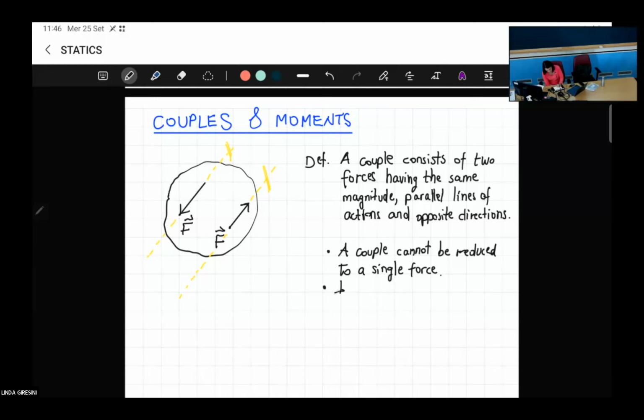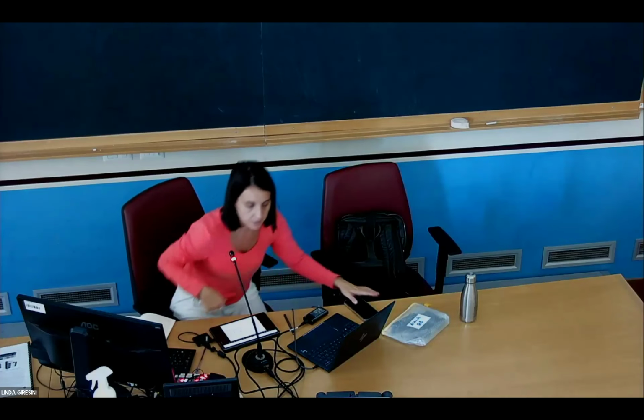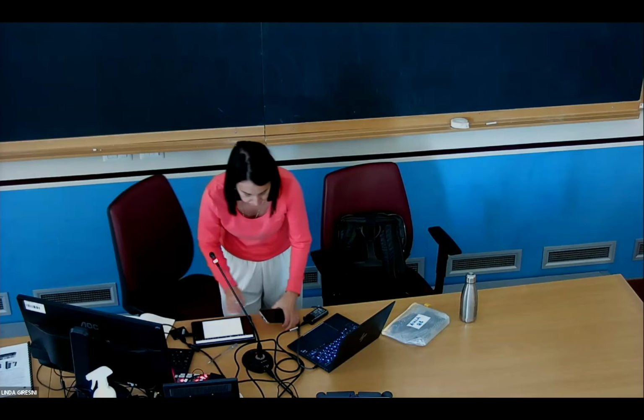Moreover, it tends to rotate the body, because if you apply one force in this direction, for example, let's see my smartphone, for example, in here.